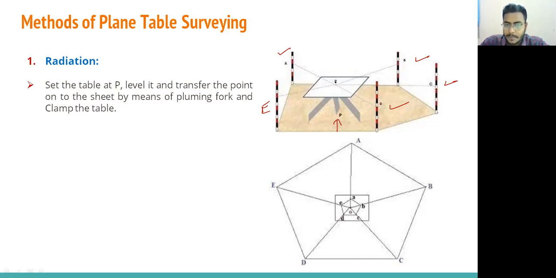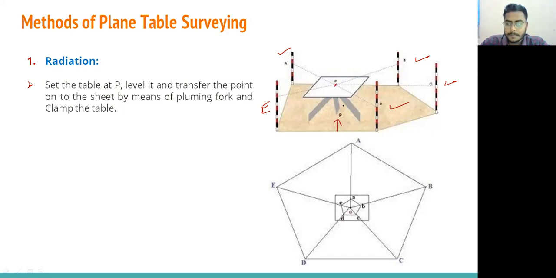Keep the plane table at this point, then do the fixing, then the centering. Then, using the plumbing fork, we can locate that this point P represents the point P on the ground.